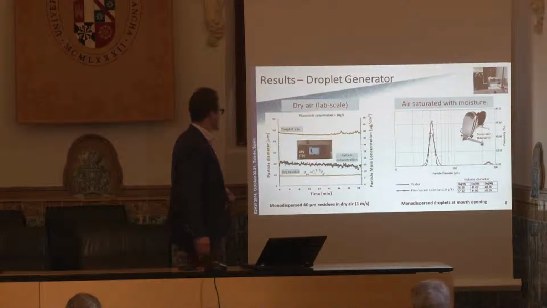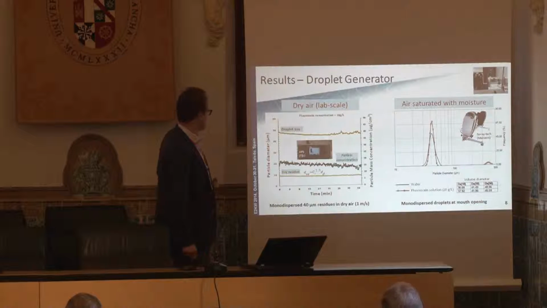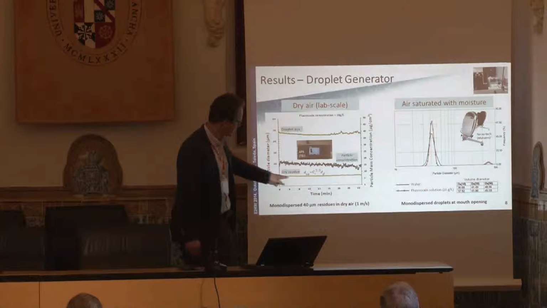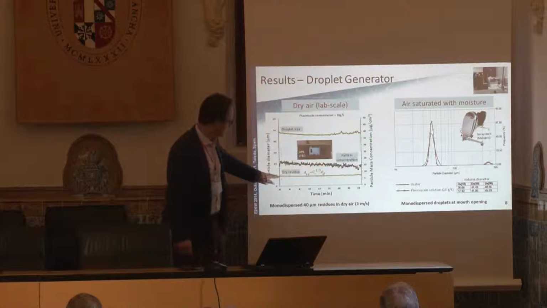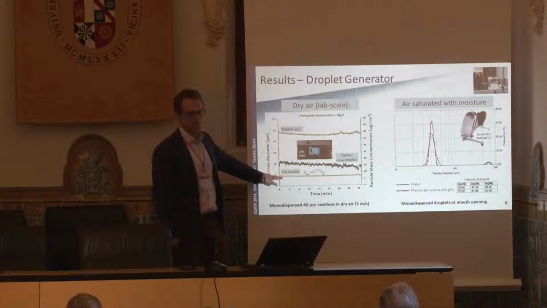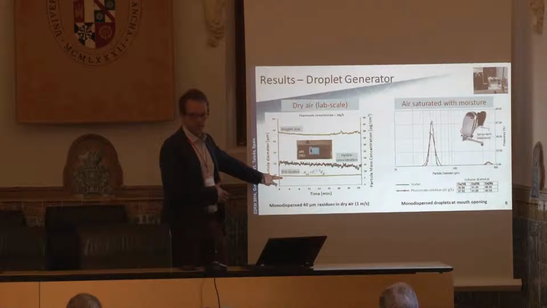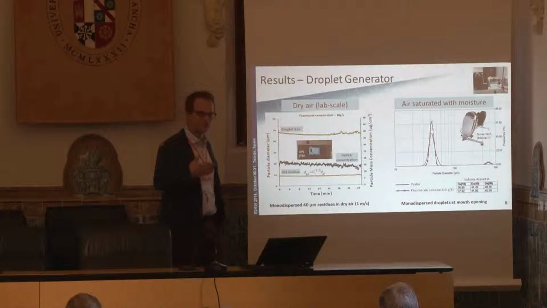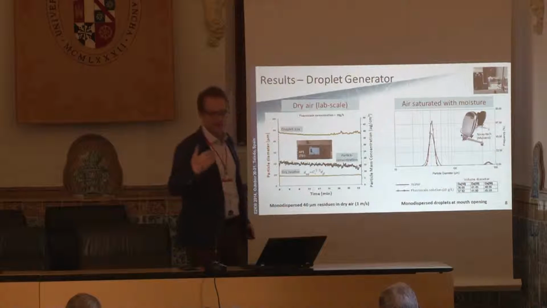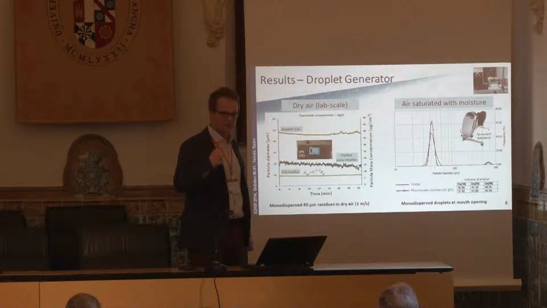I won't go into the details, but this graph shows you the particle diameter as a function of time, and it shows that there's quite a stable diameter for residues. This is crucial also to us because we need to control, for a sufficient time, like half an hour, 1 hour, 2 hours, the size of the particles.